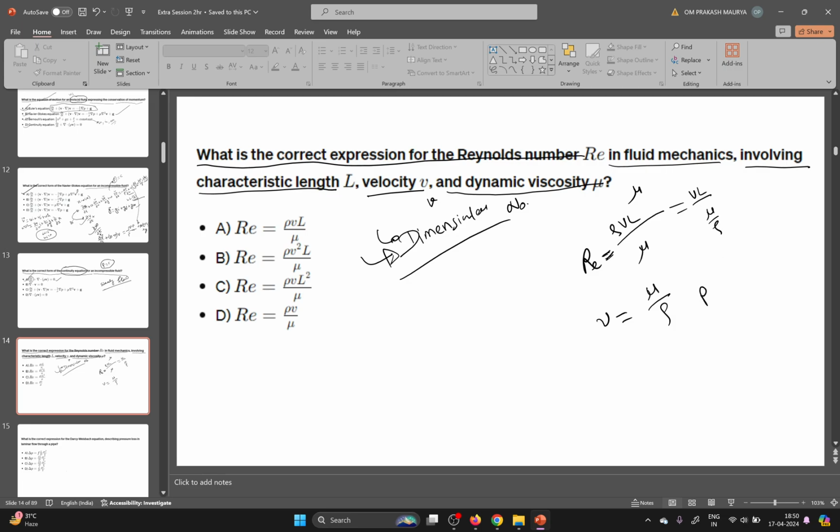So your Re will become V L divided by nu, where L is the characteristic length. Remember here nu. Actually, the Reynolds number is nothing but a ratio where the unit in the numerator is meter and in the denominator is also meter. How? Let me show you.